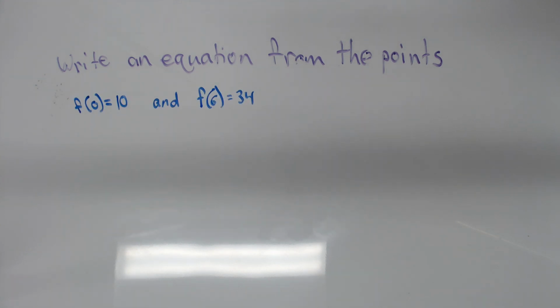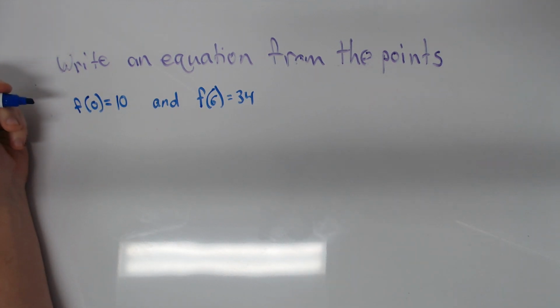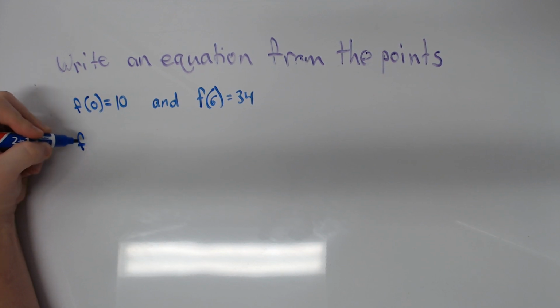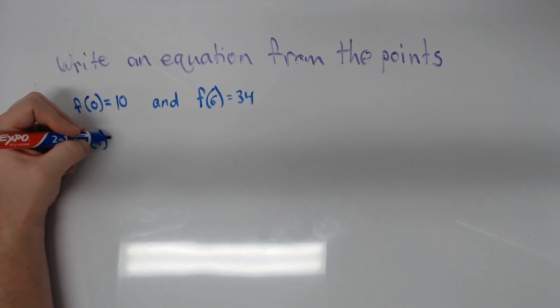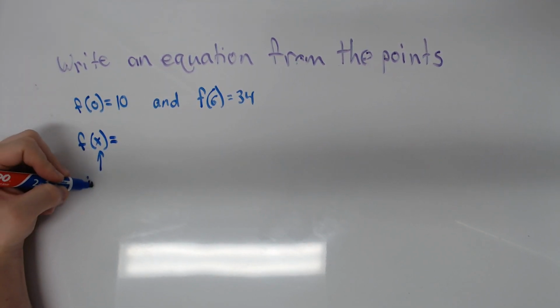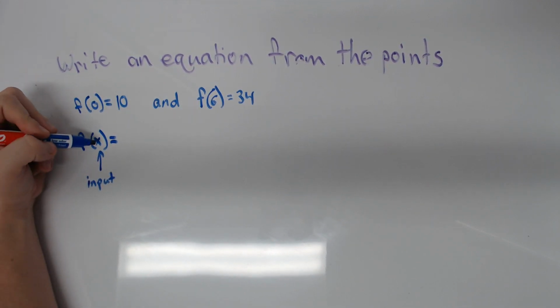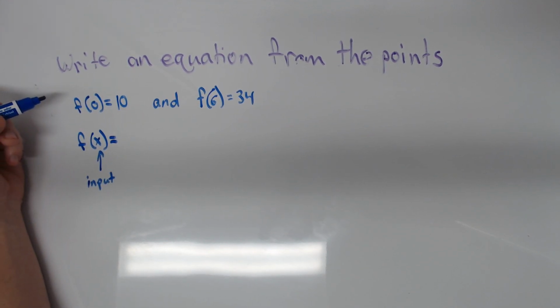Now we've got function notation. All right, but don't get too worried about this. It's really the same as what we were just doing. You have to reflect a little bit on, I believe it was chapter 2. Function notation is written as f of x. All right, and this is supposed to be a reminder of what our input was. Now, when we put something in for x, we would fill it in the equation over here.